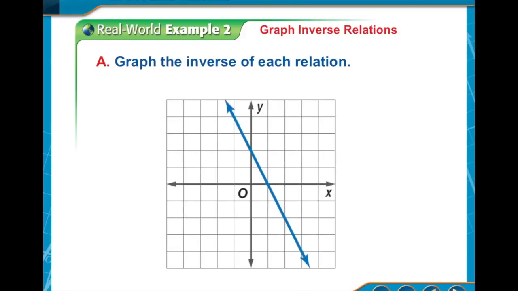Okay, so given this, we have a real-world example too. We want to graph the inverse of this relation. So we worked with graphing points, or plotting points given an original and reversing the order. We can also graph, though, our inverse using the same logic of switching the point orders and then graphing our line again.